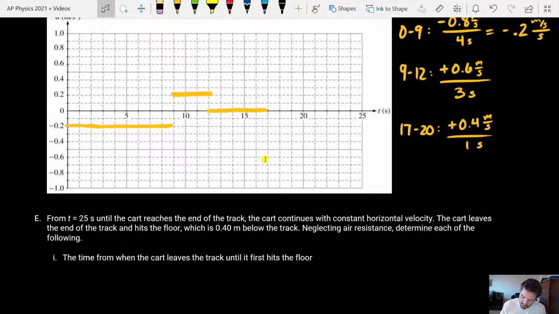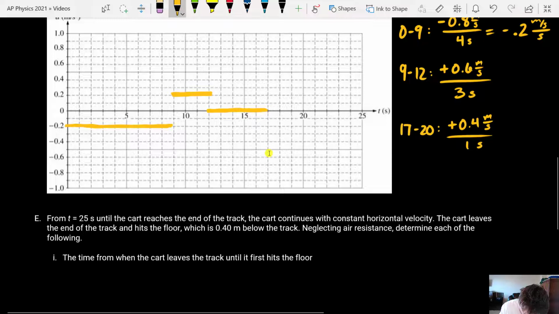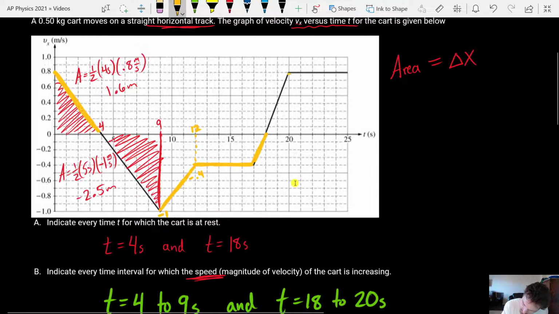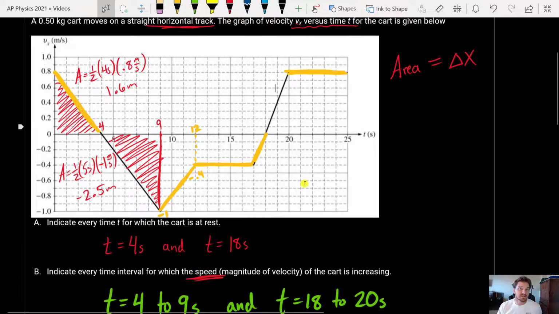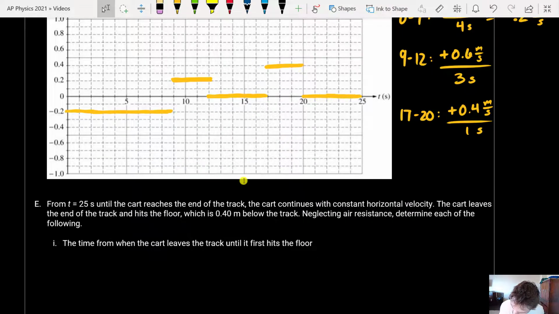Okay, that would give me a positive 0.4. So I find positive 0.4, and I draw right there. Okay, and then this last part is flat. That's a horizontal line, so my acceleration would just be 0 again. And that's all the way to the end at 25 seconds.